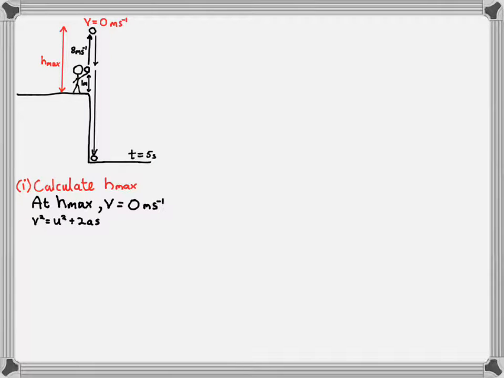So I'm going to use this equation: v squared is equal to u squared plus 2as. v is equal to 0, so v squared just cancels. And now this is where I need to be very, very careful in filling in my values. So u is the initial velocity. The person throws the stone up in the air with a velocity of 8 meters per second.